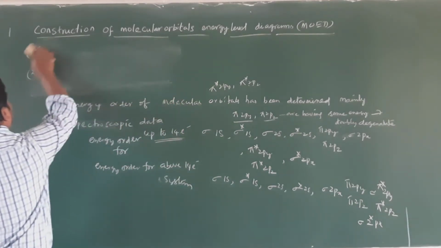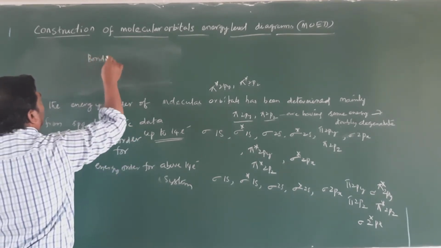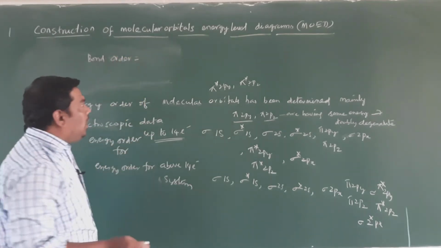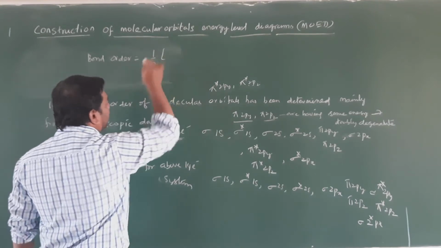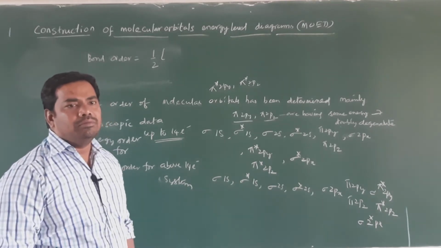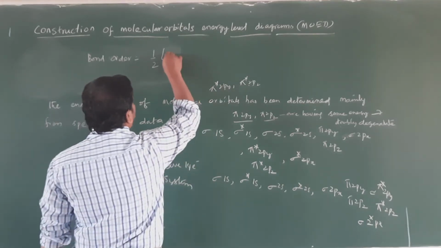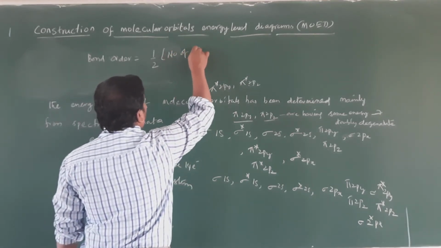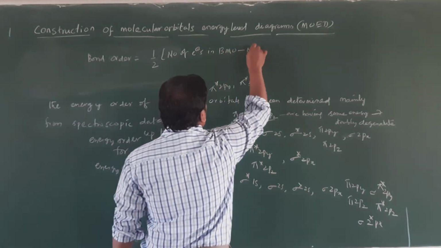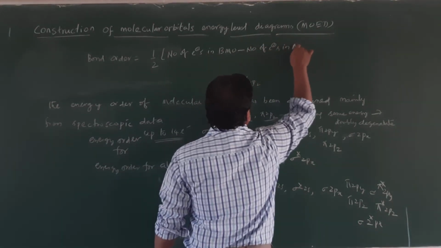Bond order is equal to half into the difference between the number of electrons in bonding molecular orbitals and the number of electrons in anti-bonding molecular orbitals.